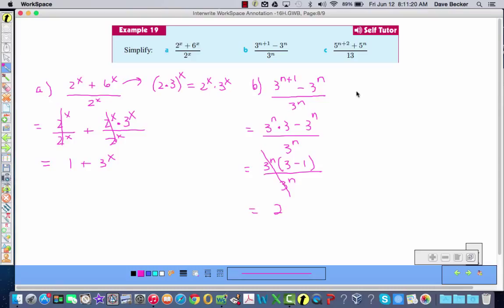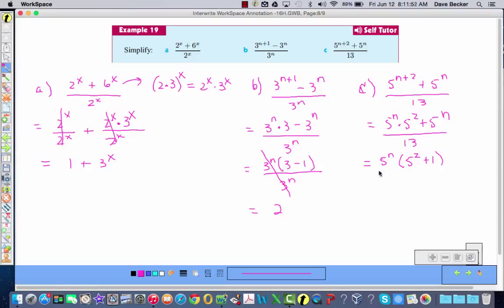How wonderful is that? And example C, we have 5 to the n plus 2 plus 5 to the n over 13. Well, that seems kind of weird. I can think of this as 5 to the n times 5 squared plus 5 to the n over 13. Do you see what's going to happen here? I'm going to factor out a 5 to the n, and I'm left with 5 squared plus 1, all over 13.